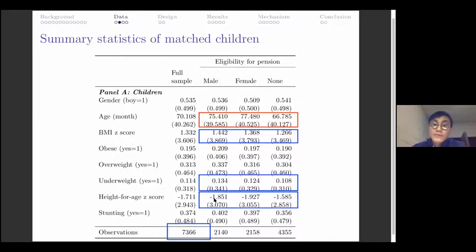The households with eligibility, at first glance, also look like they have worse height compared with the non-eligible households. But since the children are also much older than the children in the households without eligibility, there may be a mixture of both cohort effects and NRPS effects.